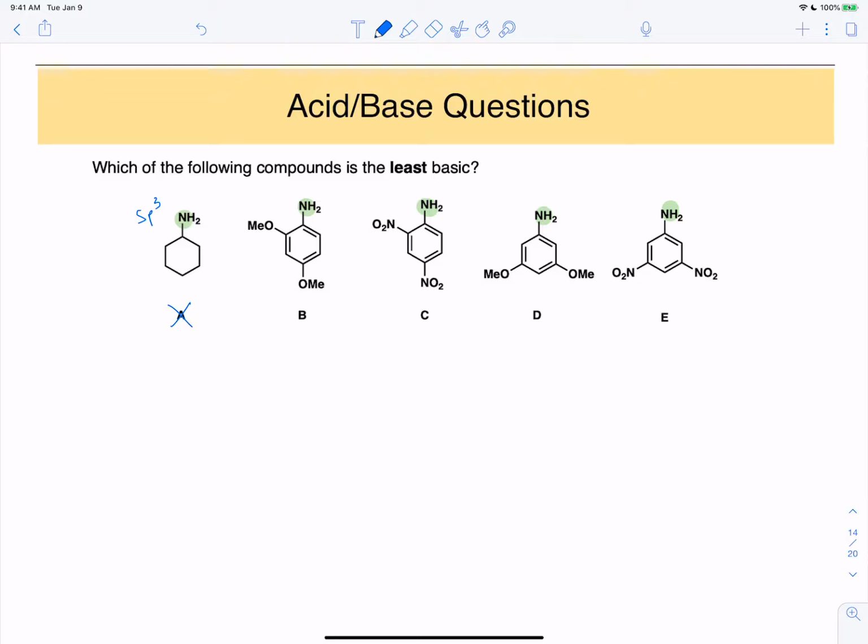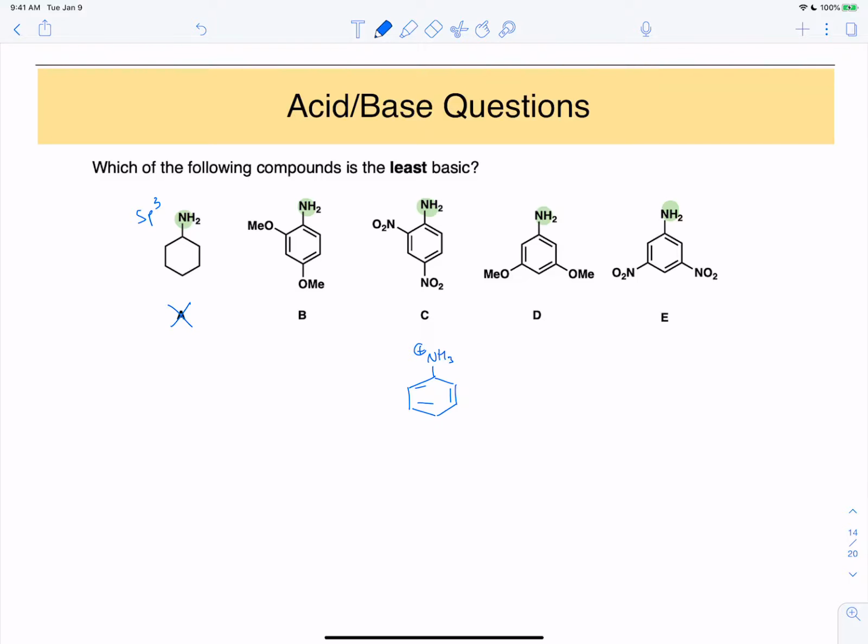So now what we want to do is try to compare the stability of the conjugate acids. And in these cases, we also need to take into account a little bit of the ground state structures too. So one way to look at this is, if we have the conjugate acid, things that are electron donating will probably help to stabilize this positive charge.